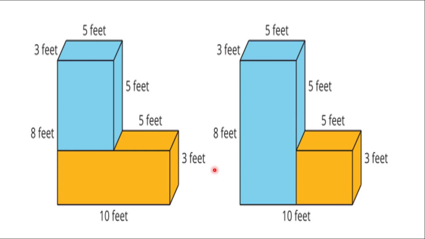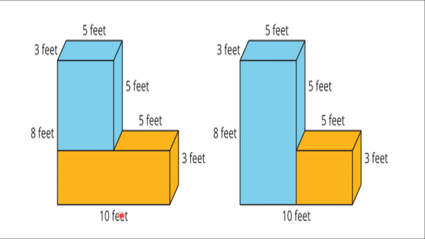The blue prism is shorter in the figure on the left. The orange prism is longer in the prism on the left. So do you think the pictures show the same rectangular prism? Yes, they look the same. I can use the given dimensions to calculate that they are the same.